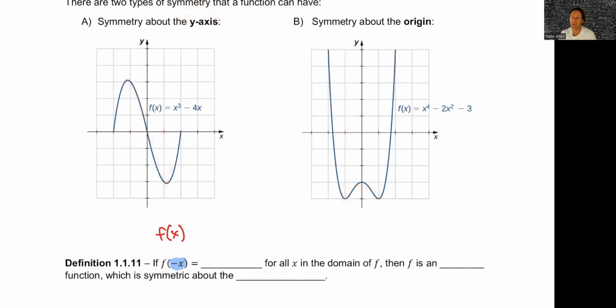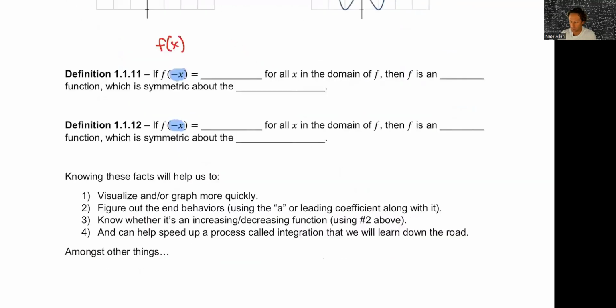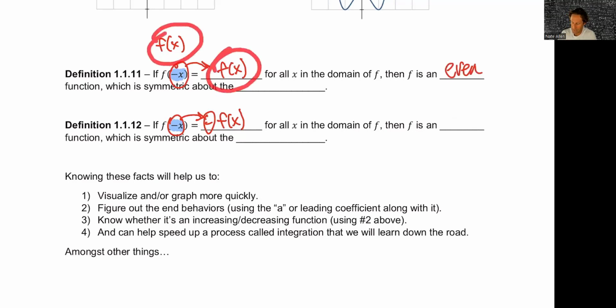So we're going to just name these because those are mouthfuls. We're going to say that if we put in that negative value and get back our original, or if we put in that negative and it comes out the opposite of our function, then we're going to say it is even because we got the same. Or if we got the opposite, we're going to call it odd.